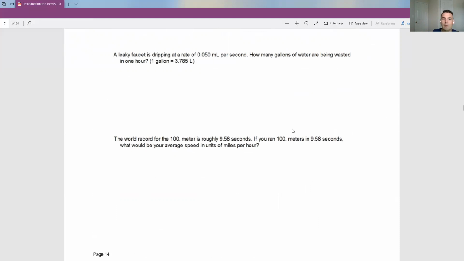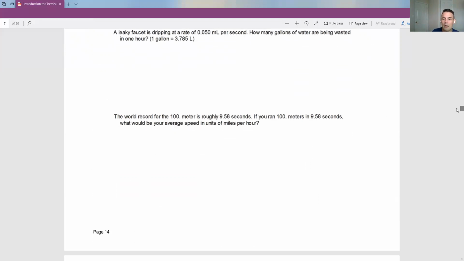If we look at this next problem, it says a leaky faucet is dripping at a rate of 0.05 milliliters per second. When you hear per, you should think of a slash, like miles per hour. That means whatever's after the per is going to be on the bottom. It wants to know how many gallons of water in 1 hour.